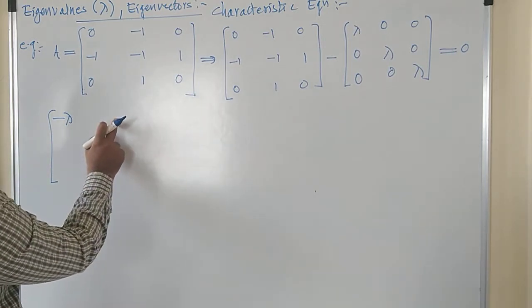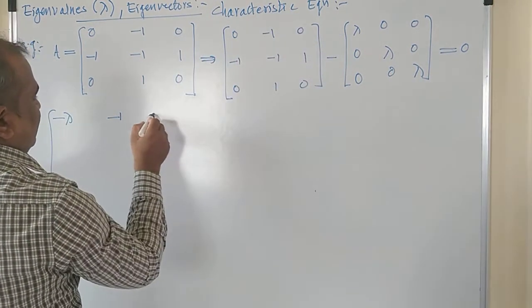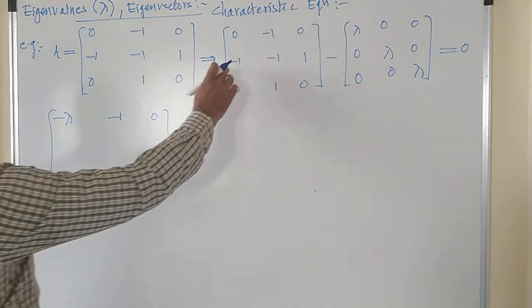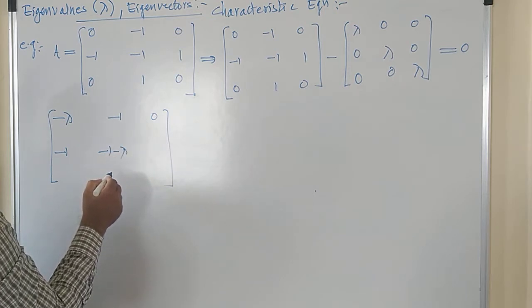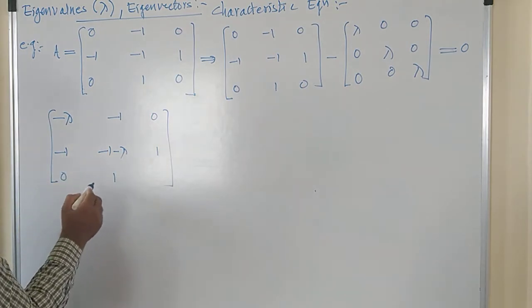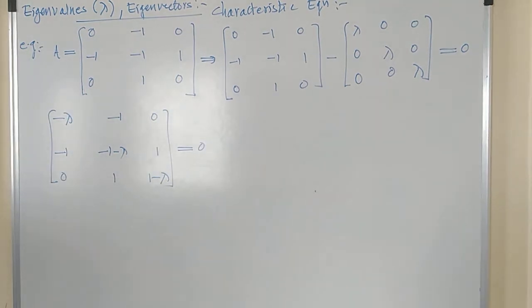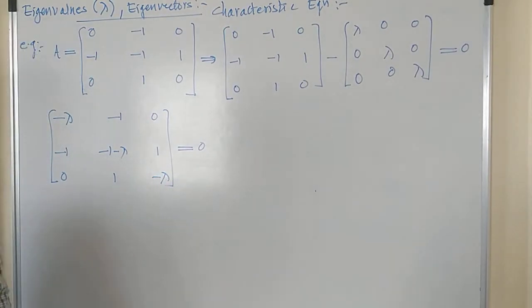The second element of the first row will be minus 1 minus 0, that means minus 1, and 0 minus 0 is 0. In the second row you get minus 1 minus 0, which is minus 1, then minus 1 minus lambda, and the third element is 1 minus 0, which is 1. In the third row, 0 minus 0 is 0, 1 minus 0 is 1, and 1 minus lambda is 0 minus lambda, which is minus lambda, not 1 minus lambda. This equals 0.